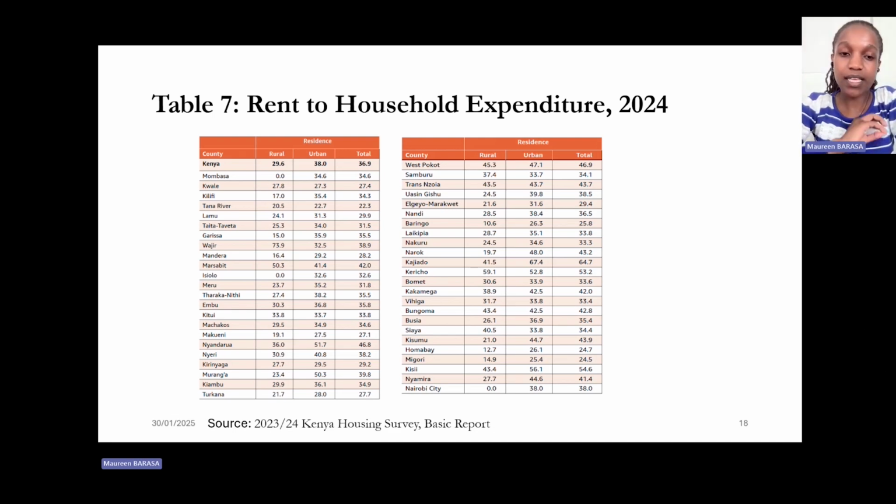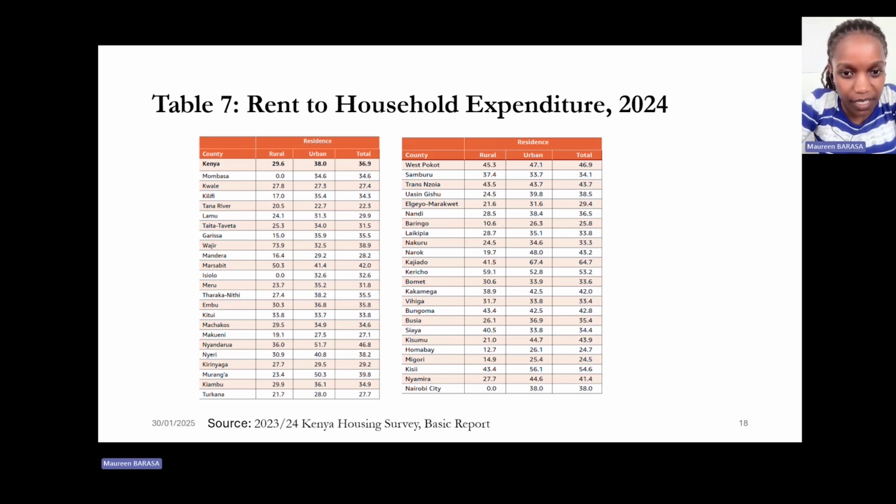And from this, you can see that there are some outlier counties that have different rent to household expenditure, because most of the counties have lower rent in the rural areas and more rent in the urban areas, but there are some counties which have sort of the reverse. We can see an example of Marsabit that pays 50.3% of their household expenditure in rural areas, and 41.4% in urban areas.